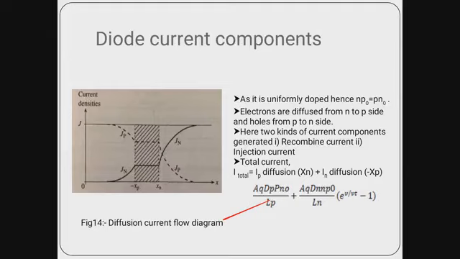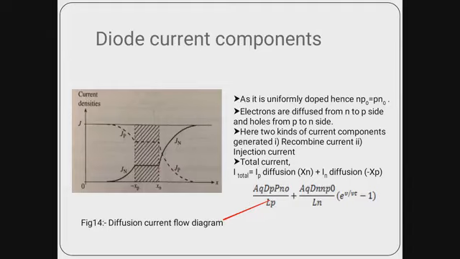The same phenomenon happens over here. Holes recombine with minority electrons, which is denoted by this plot.